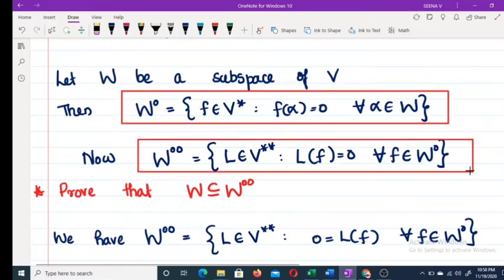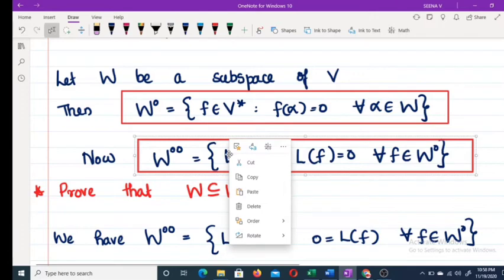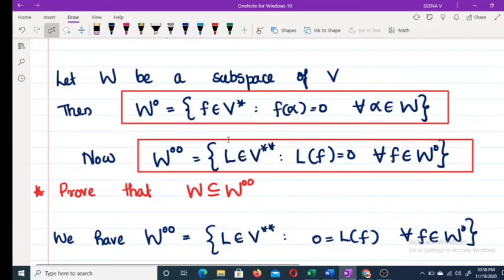W double naught is equal to the set of all L belongs to V double star such that L of f equal to 0 for every f belongs to W naught. Is the definition clear? This is the definition of W double naught.